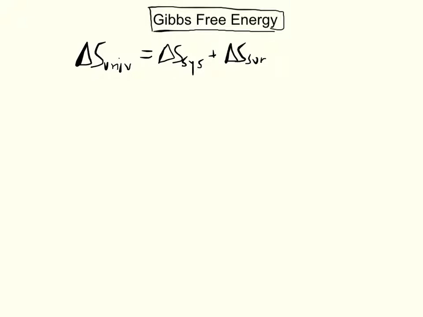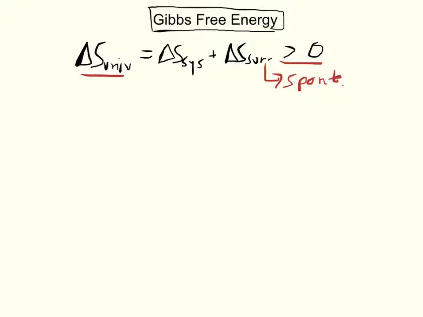And we know that if the sum of the change in entropy of the system and surroundings, otherwise known as the change in entropy of the universe, is greater than 0, we have a spontaneous process. Okay? Spontaneous process when delta S of the universe is greater than 0.